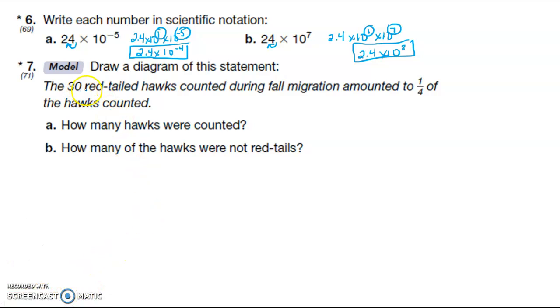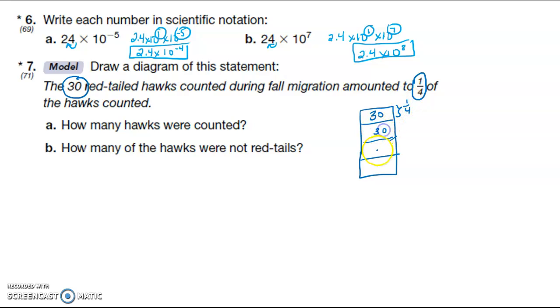Draw a diagram of this statement. The 30 red-tailed hawks counted during the fall migration amounted to 1/4 of the hawks counted. All right, so this tells me that I need 4 boxes. 1, 2, 3, 4. And it says that 30 is 1/4.